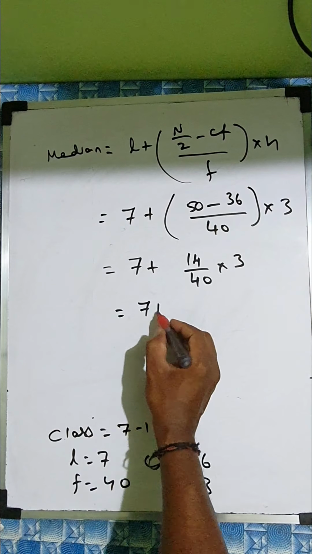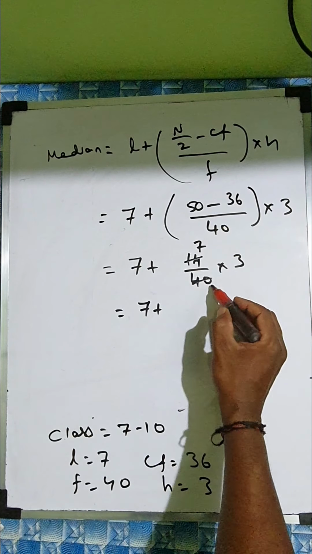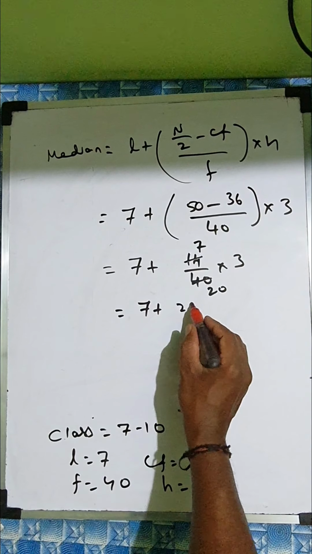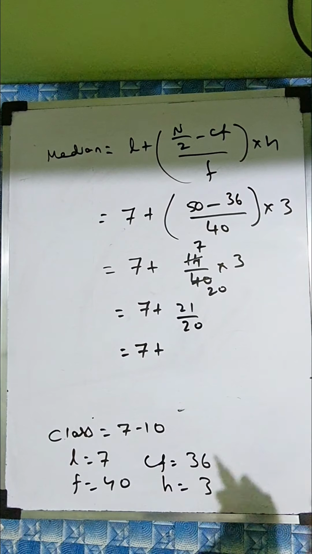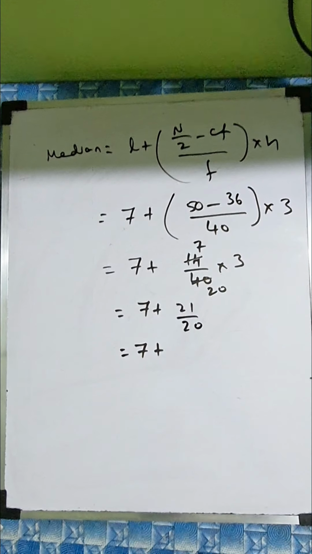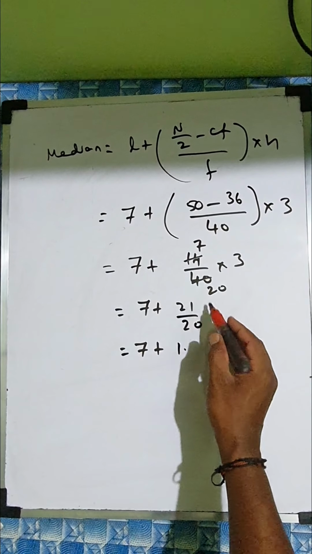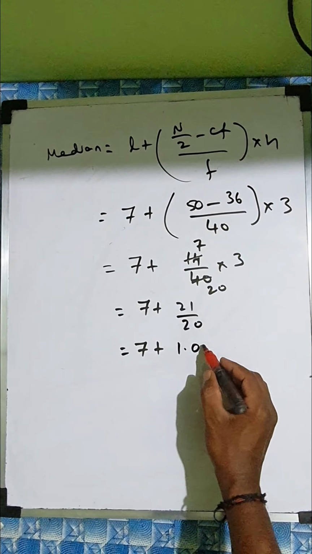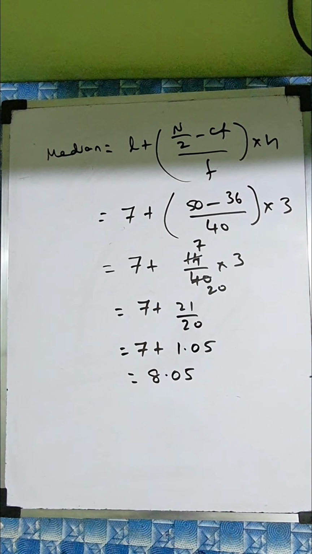We can cut here, 2 sevens are 14, so 7 threes are 21 by 20. So 7 plus 21 divided by 20. So we'll divide it: 21 divided by 20 is 1, and then 1 remains, we write 0 and 5 twenties are 100, so if you add it, 8.05. So the median is 8.05. Now next, we'll find the mean.